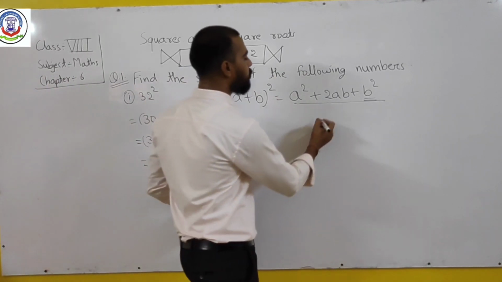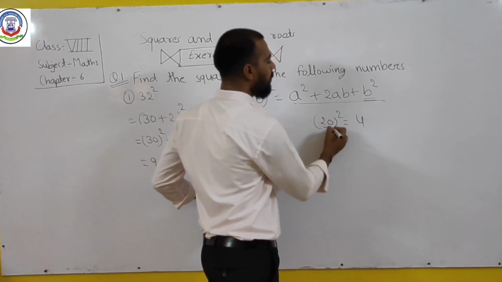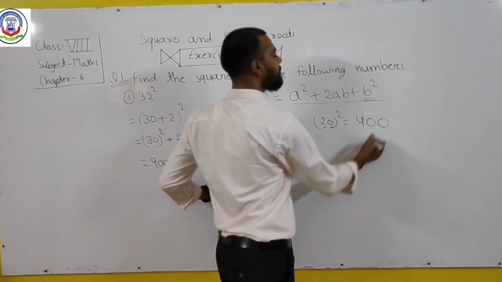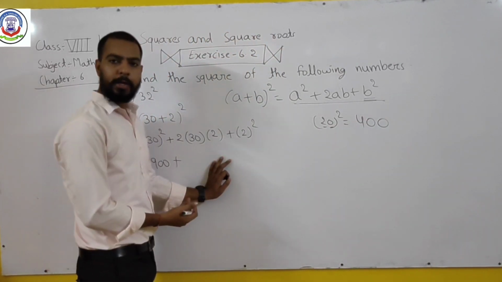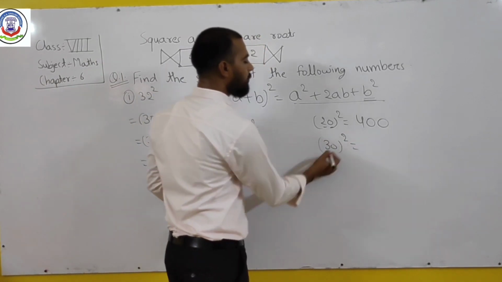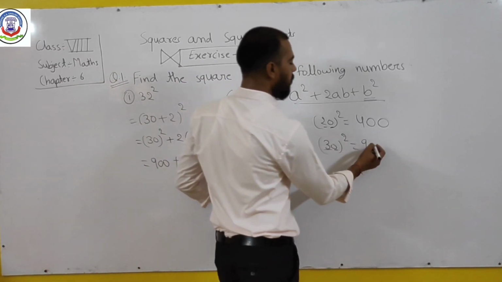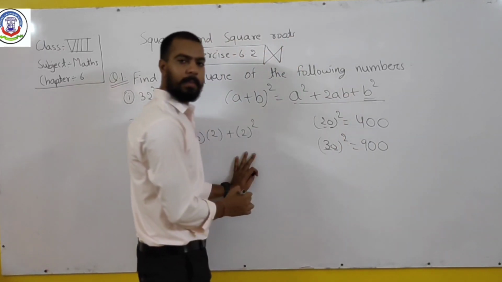That means if you square 20, then the square of 2 is 4, and 0 was given one time, so in your answer there will be 2 zeros. Suppose we are squaring 30: the square of 3 is 9 and we have one 0, so the answer has 2 zeros.